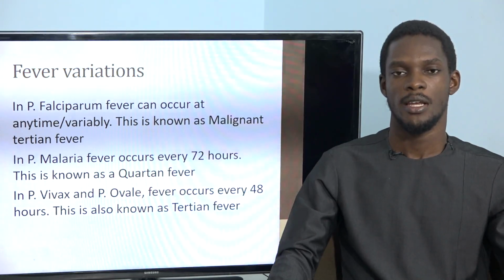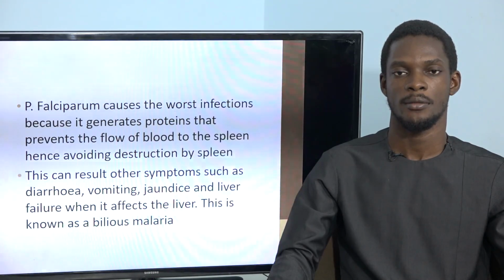In Plasmodium malariae, fever occurs every 72 hours, and this is known as a quartan fever. And in Plasmodium vivax and Plasmodium ovale, fever occurs every 48 hours, and this is known as a tertian fever. So in P. falciparum, it's known as a malignant tertian fever. In P. malariae, it's known as a quartan fever, and P. vivax and P. ovale is known as a tertian fever.